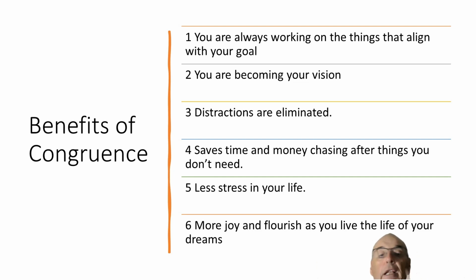Okay, less stress in your life, so you're aligned. You know what you're doing. You don't get this feeling of overwhelm as well, because you know how the process works. You may have the most spectacular goal, and we talked about a spectacular dream.